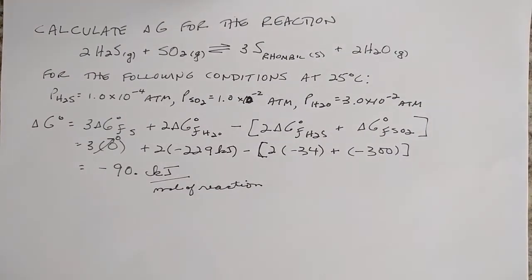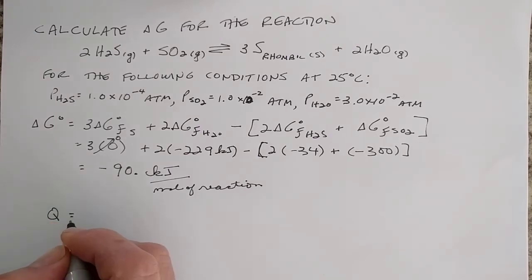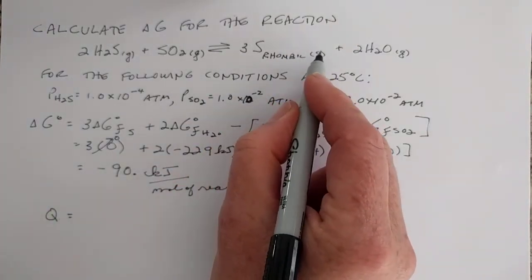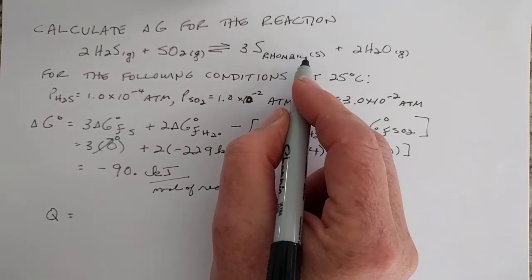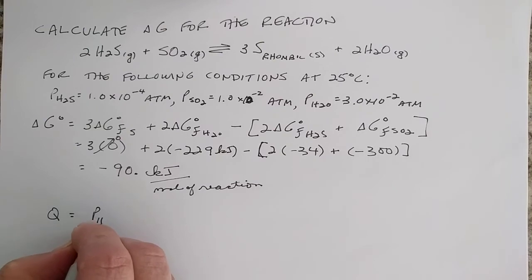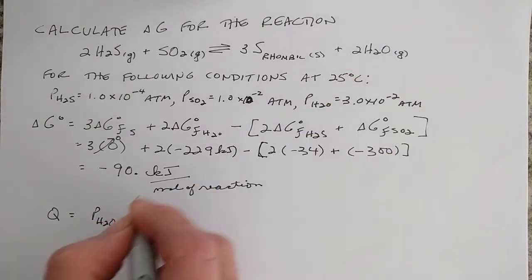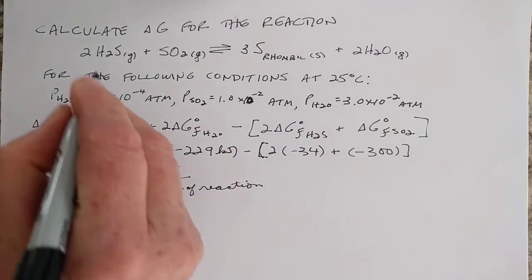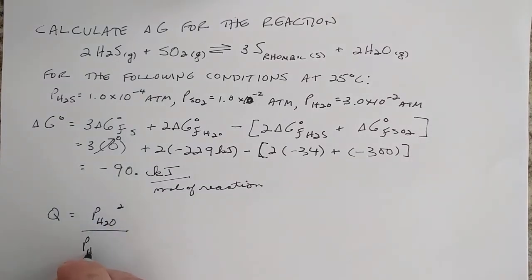Now we need to calculate our Q. So Q equals, this is a solid, doesn't show up in the expression for Q. So we take the pressure of H2O gas squared over the pressure of H2S gas, oops, that should be a small s, I don't know why I wrote that as a large S, squared times the pressure of SO2 gas.